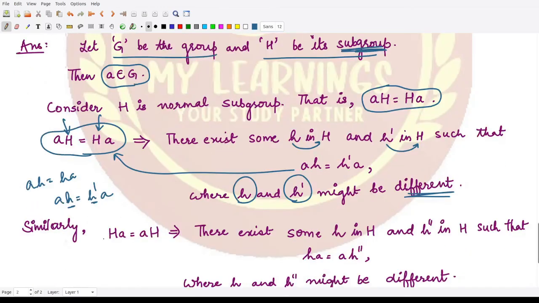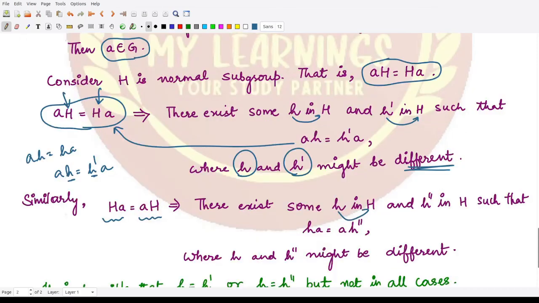In a similar manner, if we take the right coset equal to the left coset, we would say for some element h in capital H and some element h double dash in capital H, we are taking h here and h double dash here, so that h a is equal to a h double dash. In this case, h and h double dash also might be different.